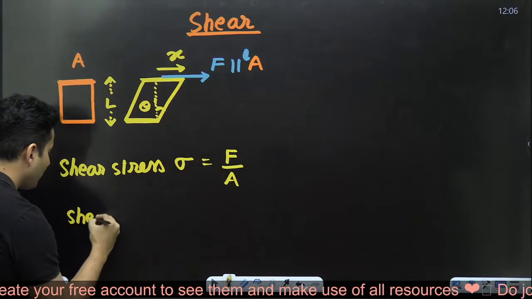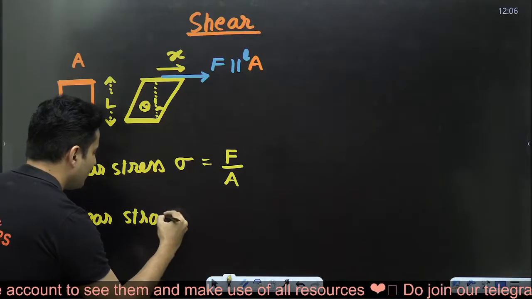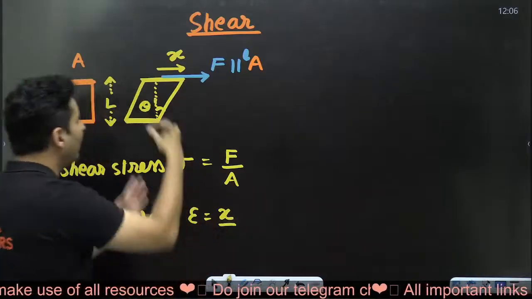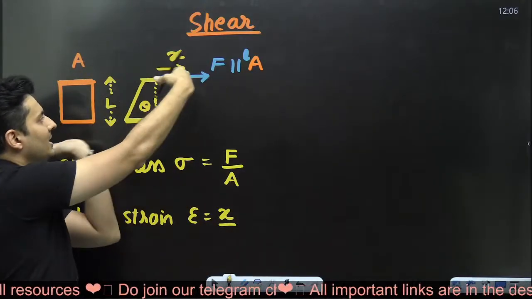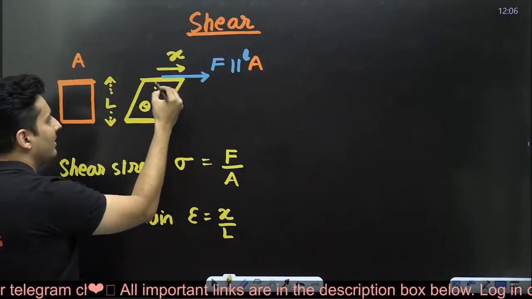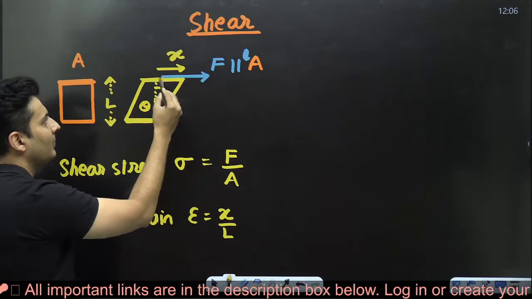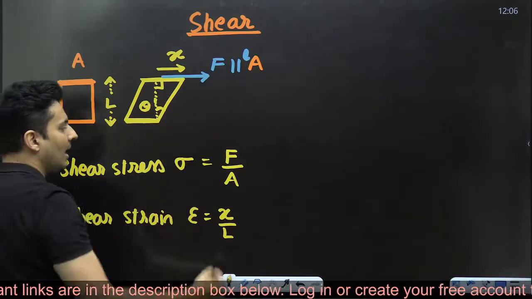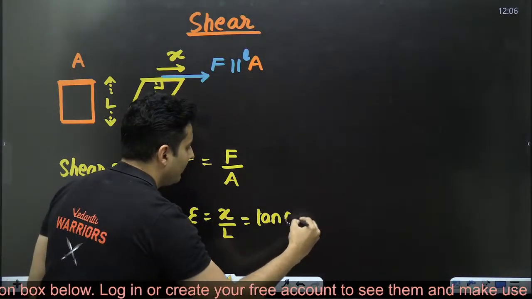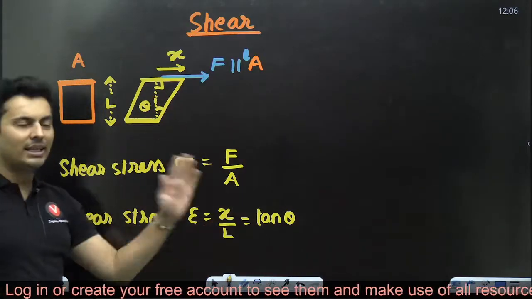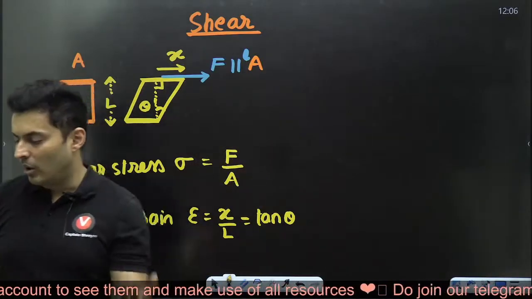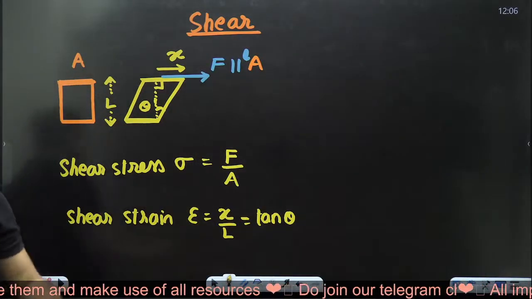The shear strain epsilon will be, how much is the change? X per unit separation between the layers which are sliding. The separation between the layers is L, so it will be X by L. But if you look at this small triangle, it is a right angle triangle. X is opposite to theta, L is the adjacent side. So X by L, opposite by adjacent of a right angle triangle, will be tan theta. So you can also write tan theta. Theta is the angular shift which is happening on the surface. Is that clear, everyone? Great.